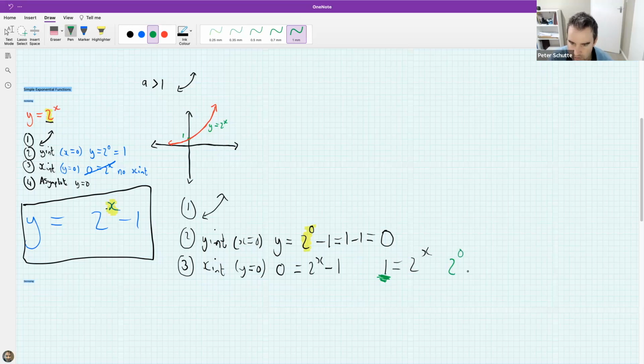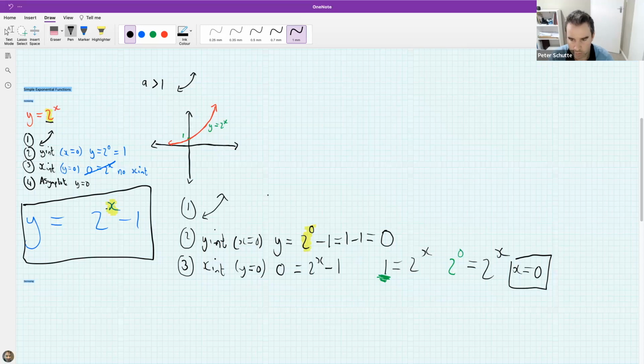Because I'm a maths teacher, I know that 2 to the naught is 1. And so you can say 2 to the naught is 2 to the x, and so x is 0. Now, you actually didn't even have to do that, because once something cuts y at 0, it also automatically cuts x at 0, but it's nice to see that it works out.